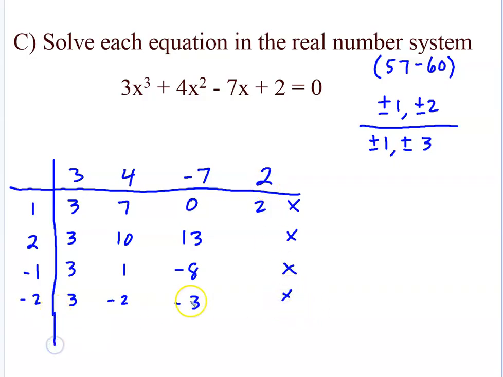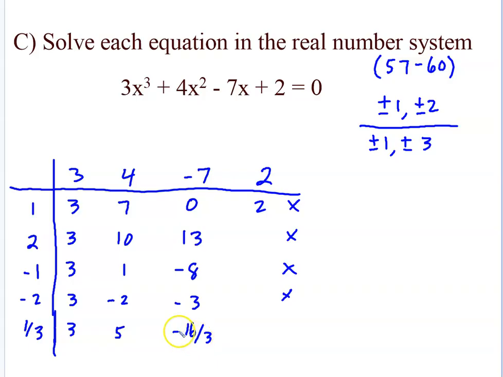All right, so now we're left with some fractions, like positive and negative 1/3. Bring down the 3. So this would be 1 plus 4 is 5. This would be 5/3 plus negative 21/3 is negative 16/3.